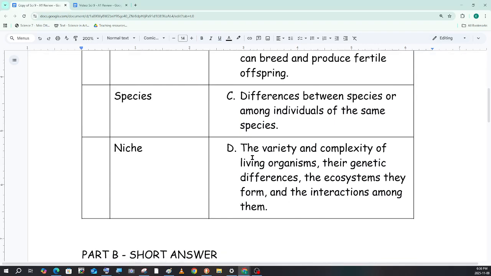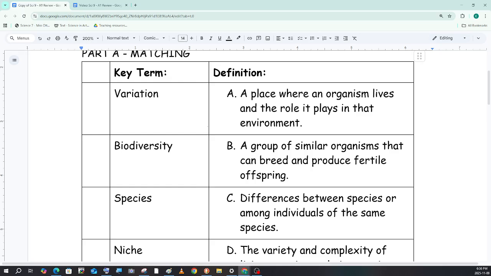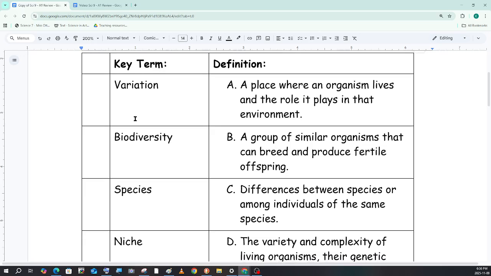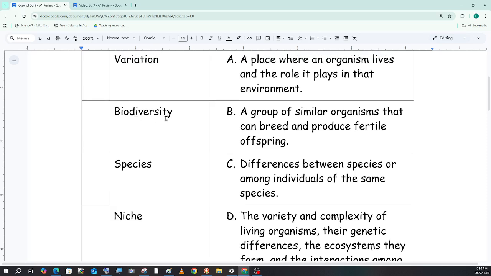You had four terms and four definitions to match them to. The first term was variation. That would be definition C, which is differences between species or among individuals of the same species.